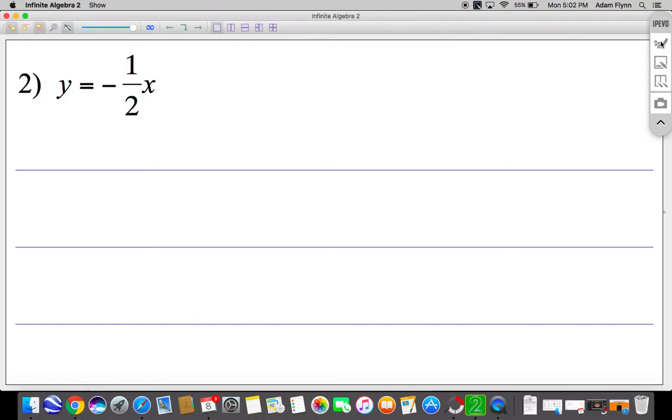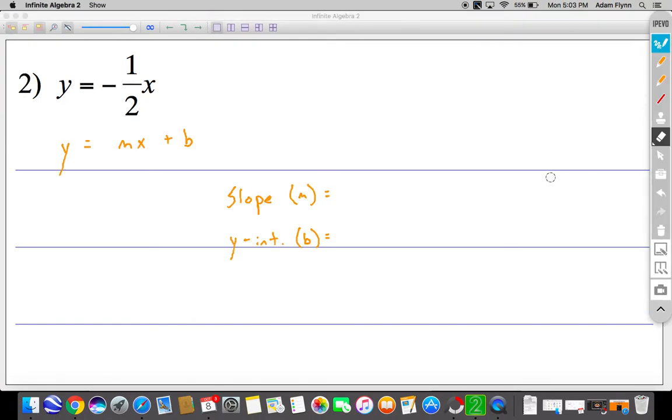On to number 2. So here, I've got y equals -1/2x. Okay, so for my slope, I'm looking at the number that is attached to the x. So again, it will be -1/2.